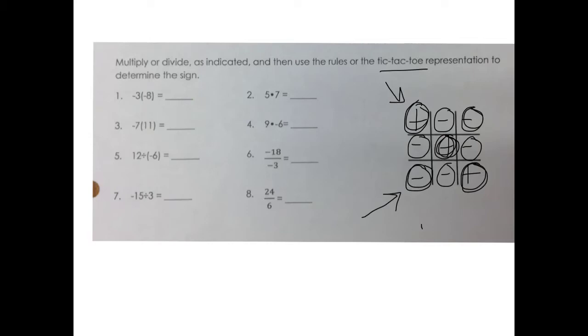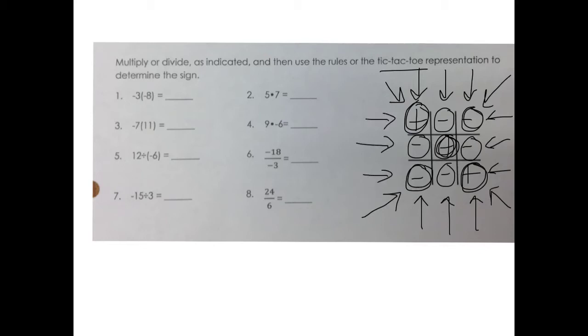It can even go from here, negative, negative is positive, or from here, negative, positive, negative, or here, or here, or here, or diagonally this way, straight across backwards. And so no matter how you look at this graphic, it works for multiplication and division. It's a good graphic, it's easy to remember how to draw, and it'll help you out along the way. Alright, problem number 1.